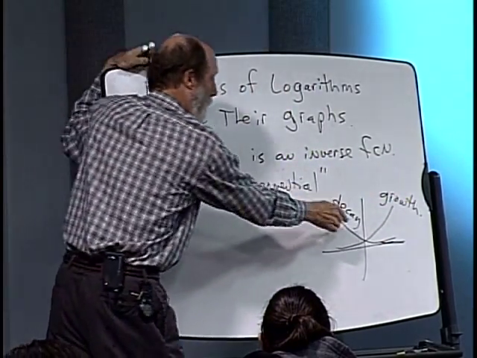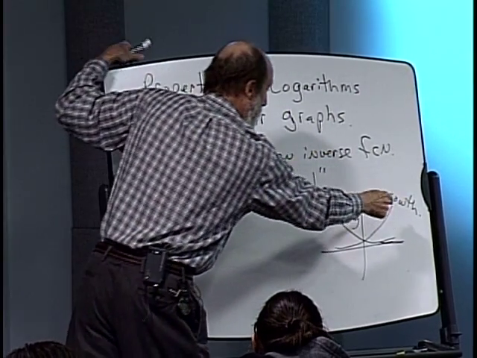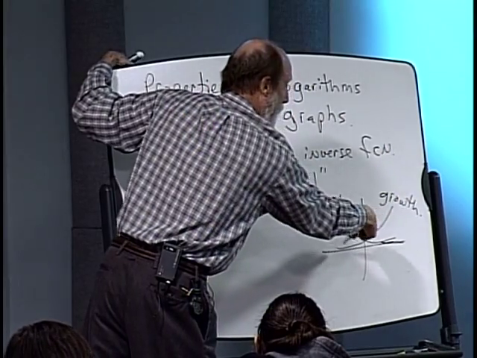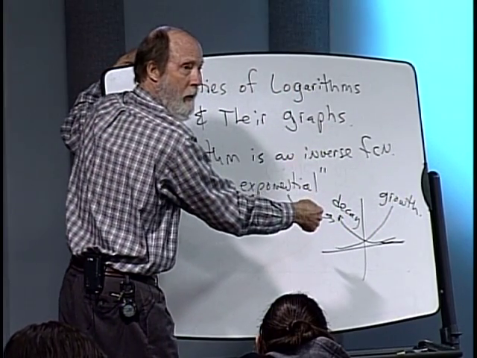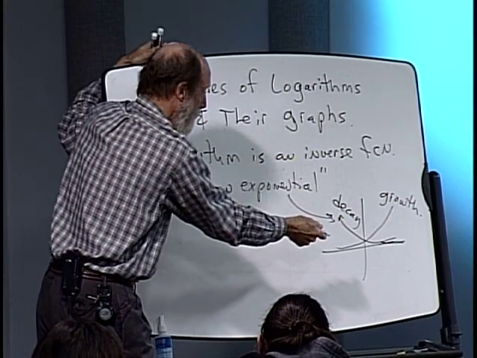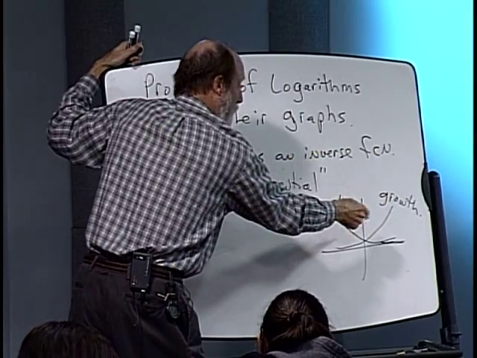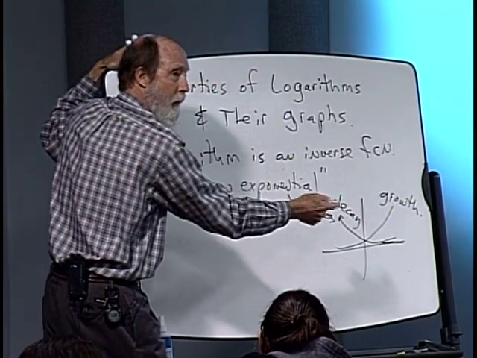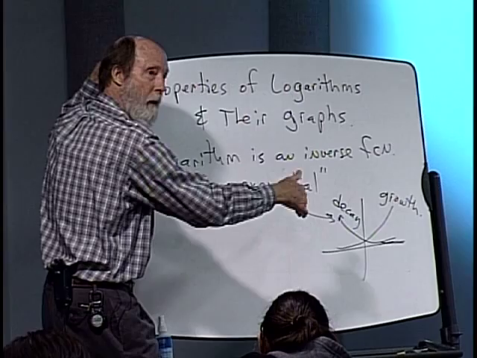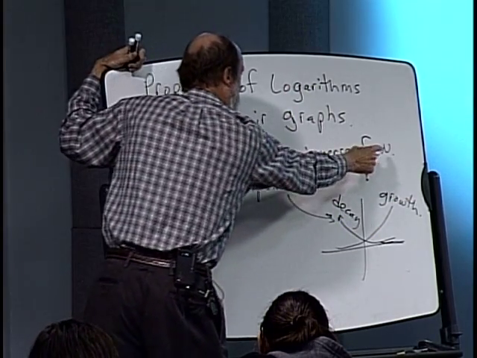So if you take one of those, either one, notice either one passes a horizontal line test. Each have a domain and a range. If you form the inverse, since these pass a horizontal line test, their inverse would then pass a vertical line test, which means that that inverse will be a function.